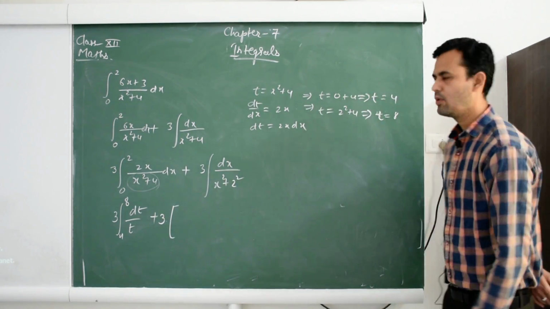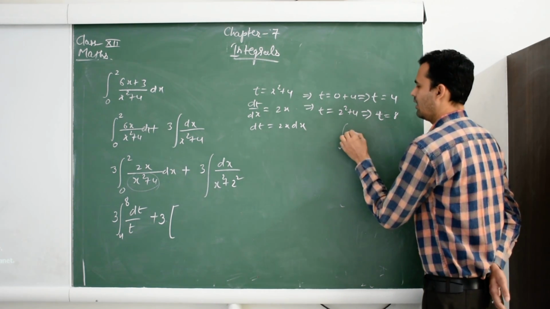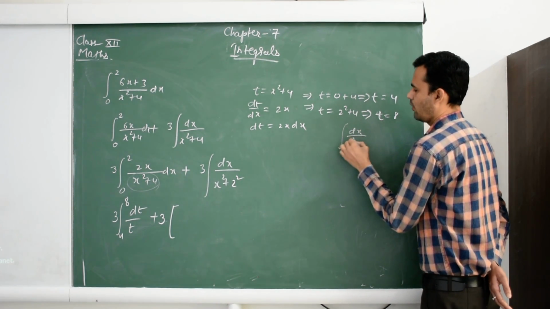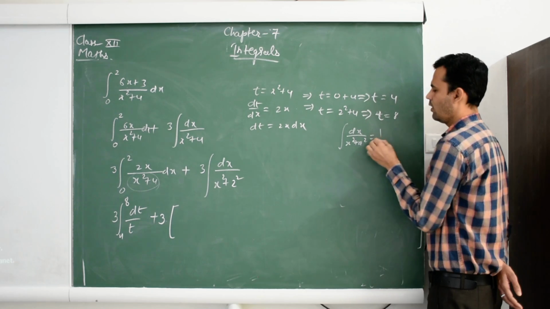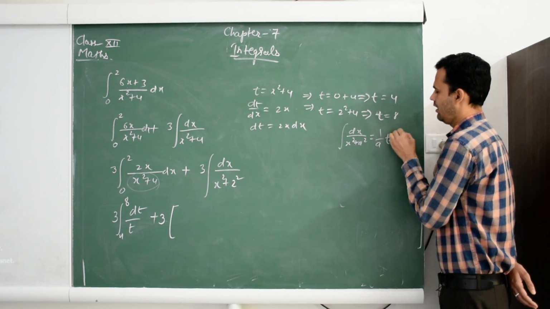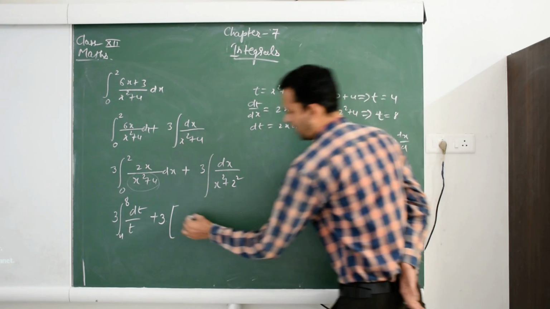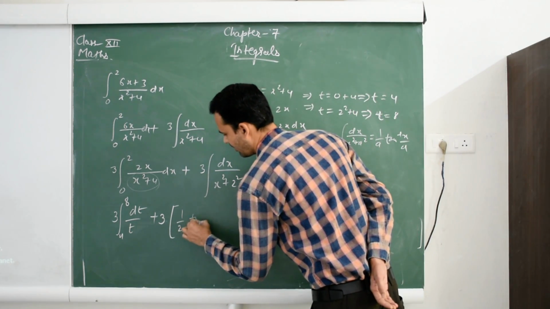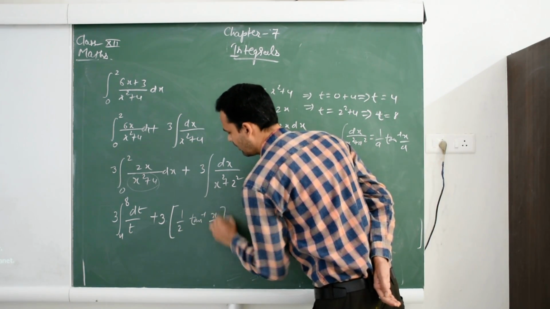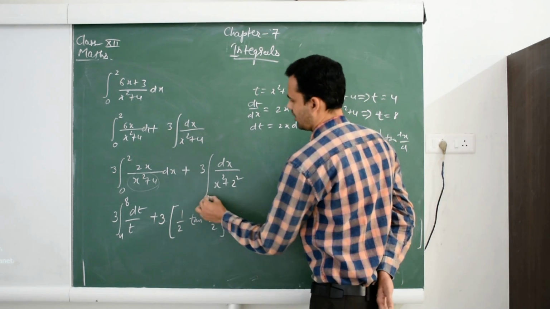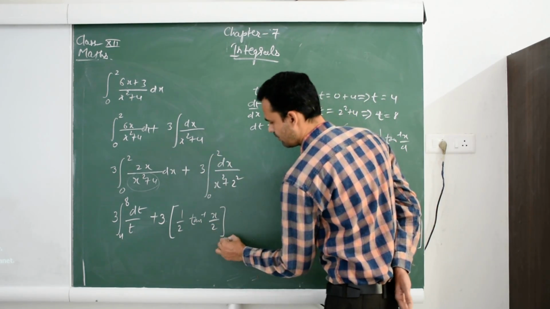This is the formula: integration dx upon x square plus a square equals 1 upon a tan inverse x upon a. So, here a means 2, tan inverse x upon 2, limits are 0 to 2.